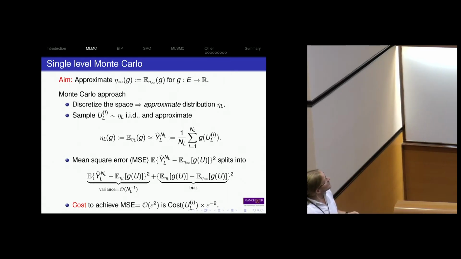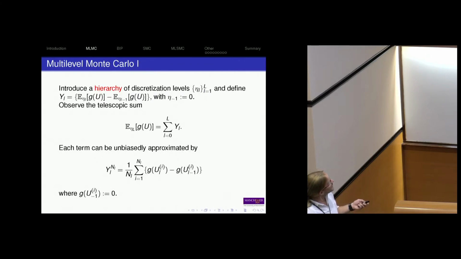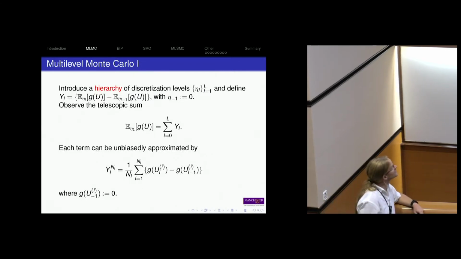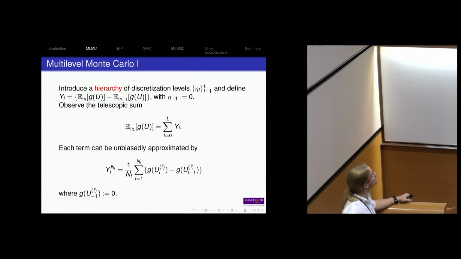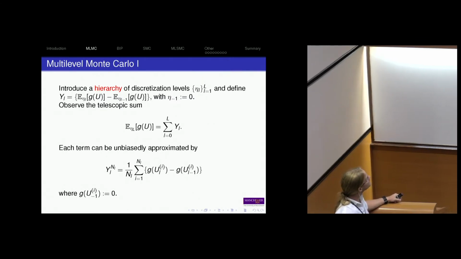All right, so the idea of multi-level Monte Carlo is, okay, we have some limiting thing, we have some kind of convergence happening here, so is there some way that we can leverage approximations on different levels in order to improve that total cost to obtain a mean square error of size epsilon?